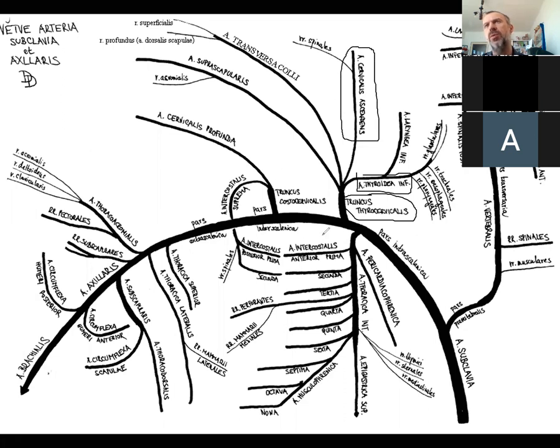And then it gives another two important arteries, suprascapular, well known from the upper limb, and transverse cervical. I'll come to these again in detail. Then we have the internal thoracic. And we already know the superior epigastric supplying the rectus abdominis muscle. And it supplies the anterior intercostal spaces.